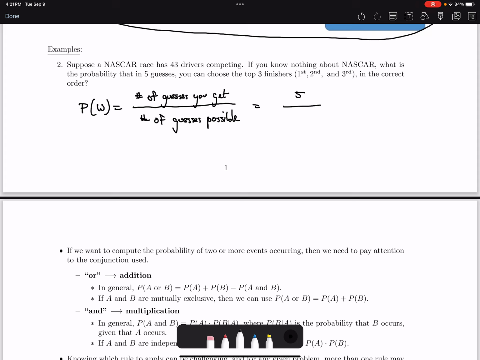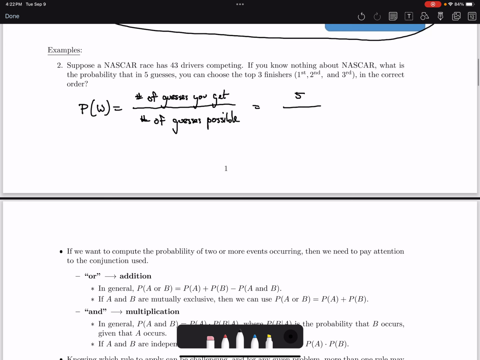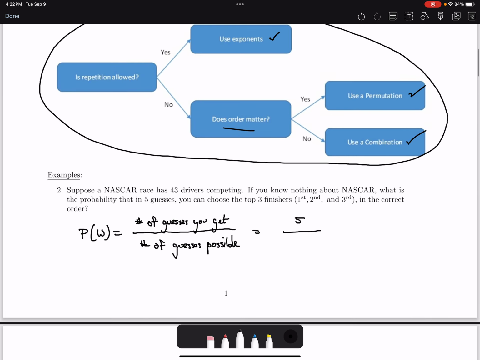So if we want to choose the top 3 finishers, then we should ask ourselves, first of all, is repetition allowed? Does it make sense to choose the same person to finish in both first and second place? And I think the answer there is clearly no, right? So repetition's not allowed. So now we're on to this question. Does the order matter?